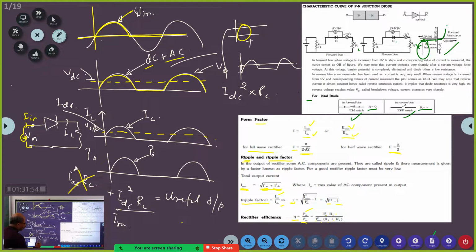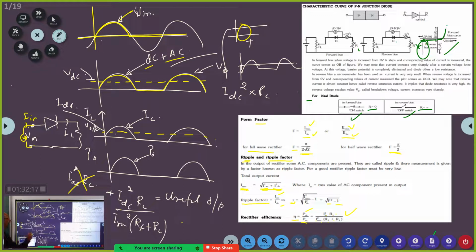That will give you IRMS. So IRMS square, and this current is flowing through the diode and also through the load. So this is IDC square RL upon IRMS square times RF plus RL. That is for the input current.